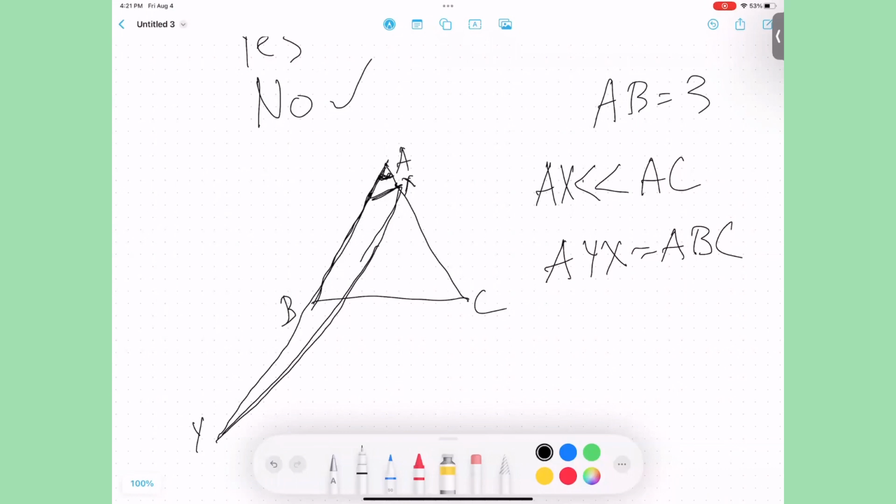Here, AX is very small. Hence, even if the perimeter is the same, and even if they both share angle A, they might not be congruent. That is the argument here. So the answer here is actually no.